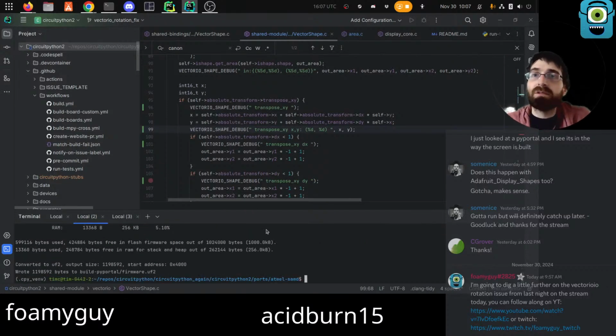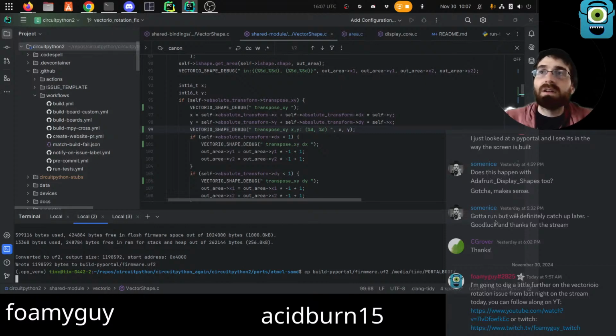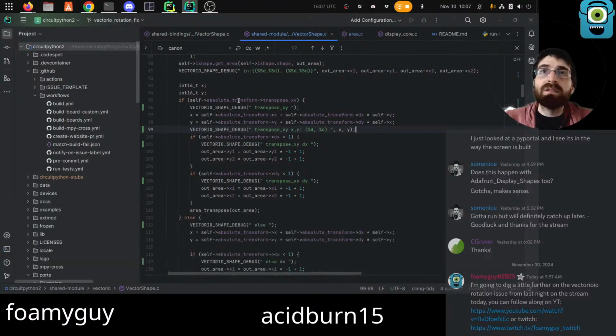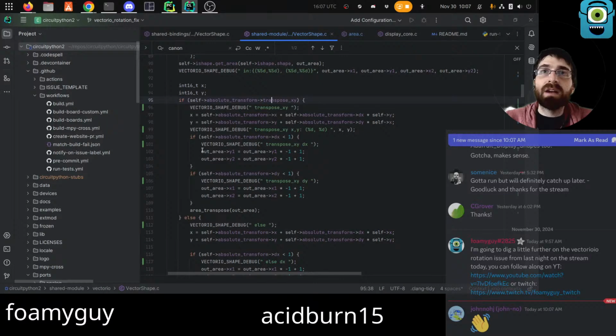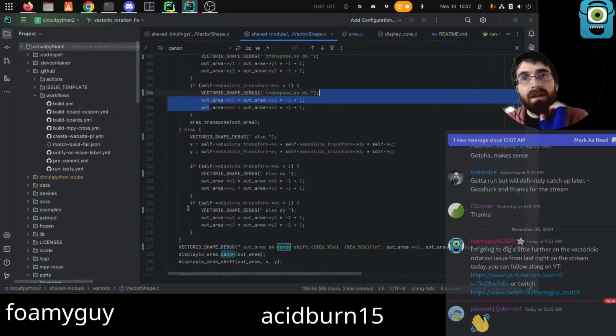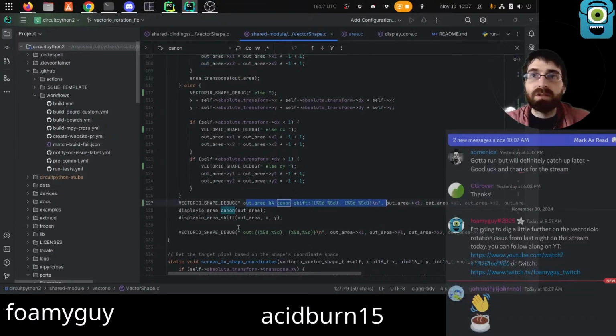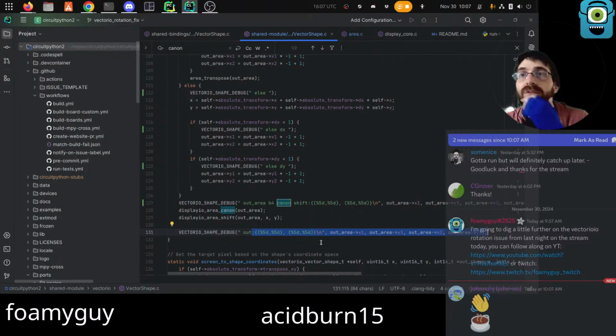Curious what the x and the y end up doing. But anyway, in transpose xy, we've got these manipulations to out area, and we ultimately go and print out area down here, which is where we saw some of those values coming out off by 1.